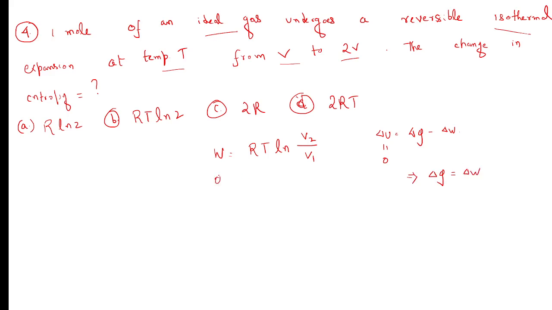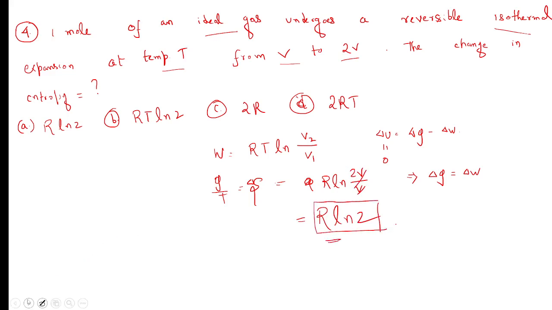Q upon T is nothing but the change in entropy, which is R ln of 2V, which is the value of V2, over V1, which is V. So the final answer should be this. Okay, let's move on to the next question.